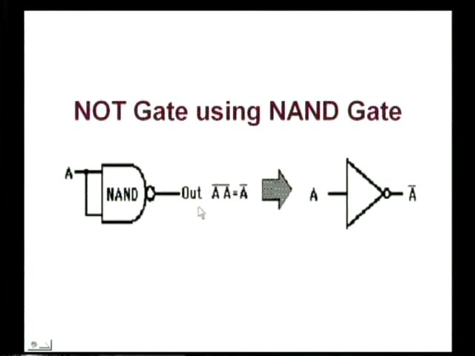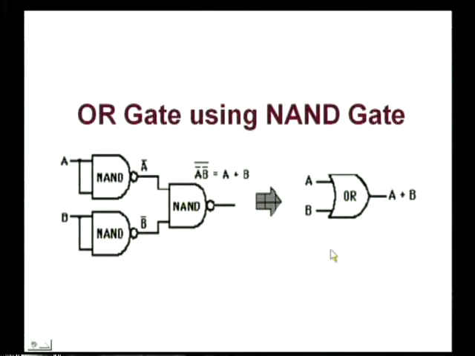At the output, since this is a NAND gate, the output should be (A AND A) whole bar. Using the postulate A ANDed with A produces A, the complement remains as it is. So, given the input A, we have realized the output as A bar, that is, the NOT gate is realized using the NAND gate. So, this NAND gate behaves similar to the NOT gate.